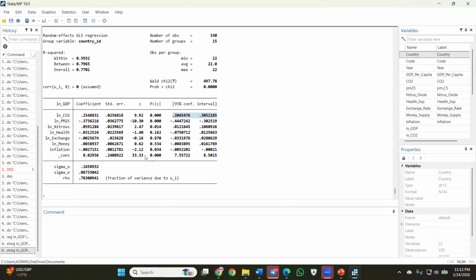So CO2 is significant because the p-value is 0.00. You can also determine the significance based on the z value. If the z value is more than 2, it will be significant. Some of the models will also show t value or t statistic. Some show z. If it is more than 2, it is significant.